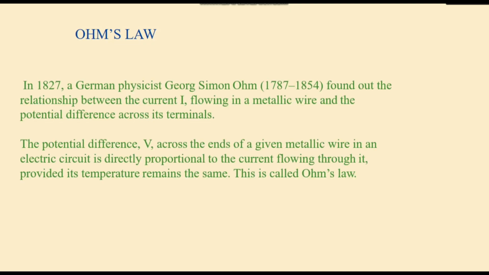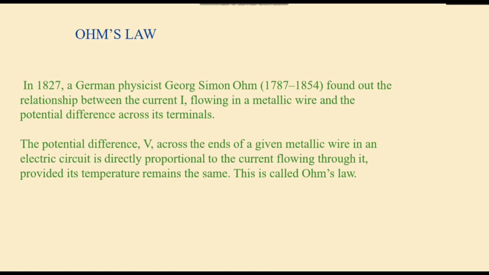And a very important law is called Ohm's law. When a current flows through a conductor, the law connecting potential and current is Ohm's law. The current I flowing through a conductor is directly proportional to the voltage at the ends of the conductor.